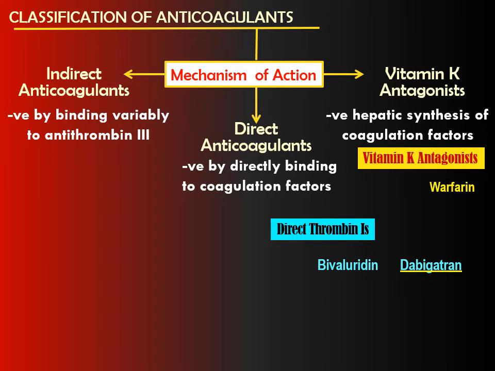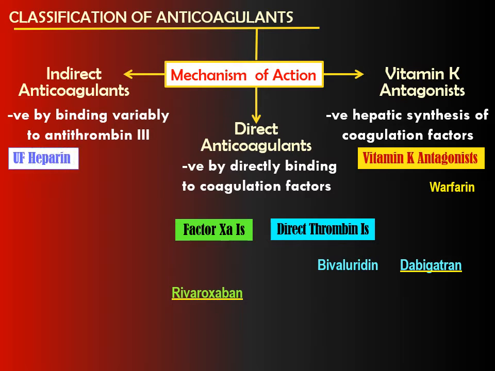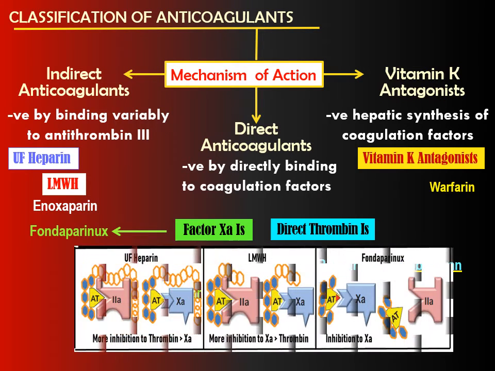The direct acting anticoagulants include the direct thrombin inhibitors such as bivalirudin and dabigatran, and factor 10A inhibitors such as rivaroxaban. The indirect anticoagulants are like unfractionated heparin, low molecular weight heparin or enoxaparin, and fondaparinux, which also binds to antithrombin 3 but inhibits factor 10A and doesn't have any effect on thrombin.